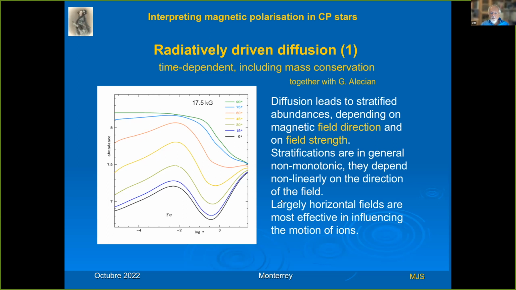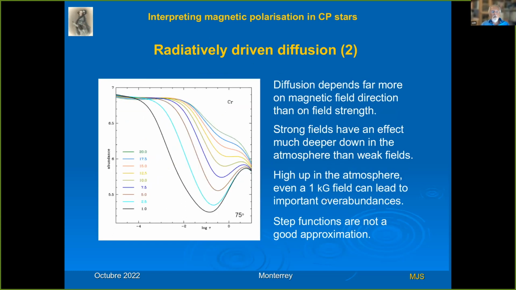And if you look, for example, for chromium, what happens at a certain field direction, 75 degrees, and a field of 1 kilogauss up to 20 kilogauss, you see very high up in the atmosphere, even despite the fact that the field is very weak, you have a large increase in abundance.